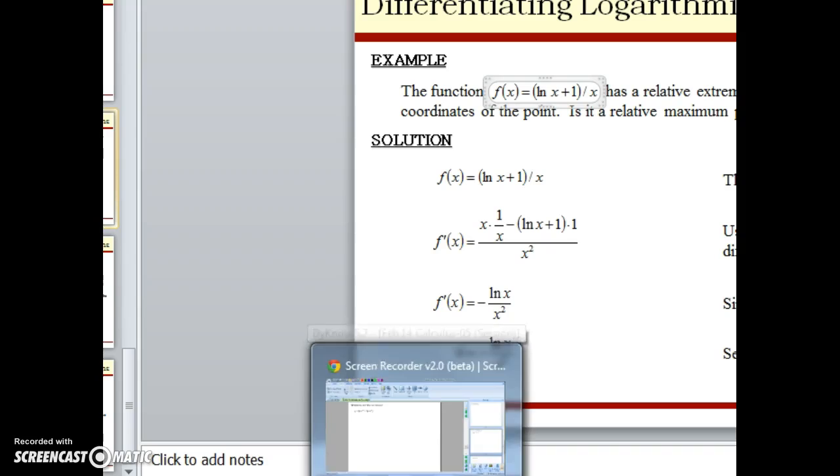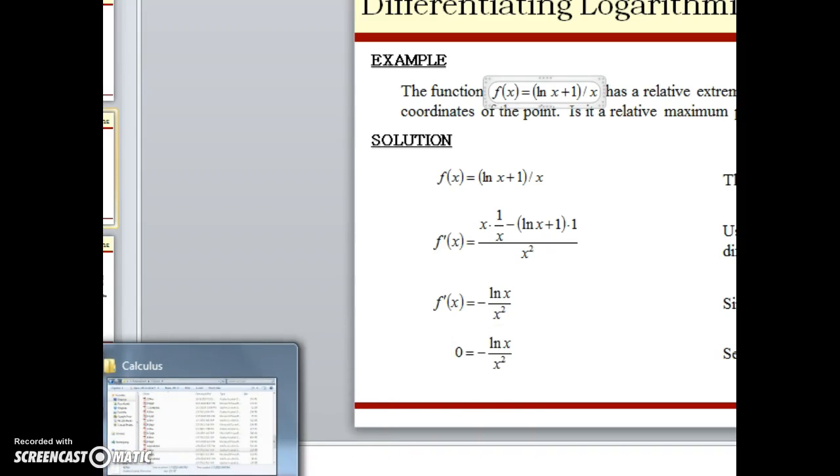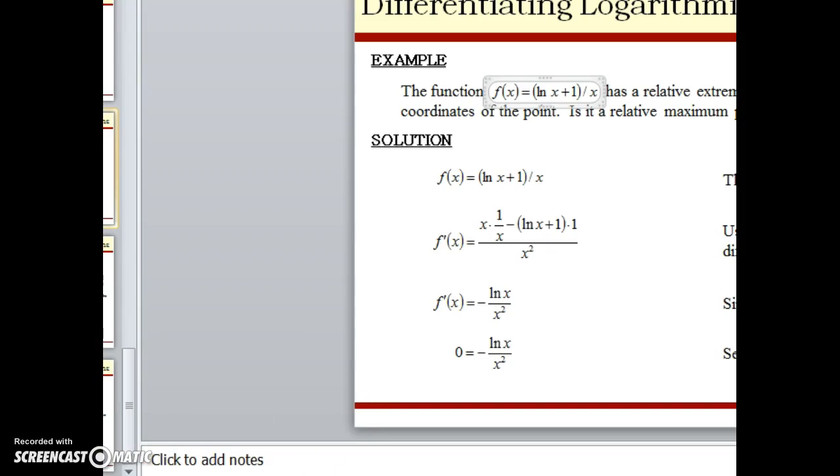So let's try this one. Again, we're going to have to differentiate these two terms separately. To differentiate this first term, we're going to have to use the power rule here.